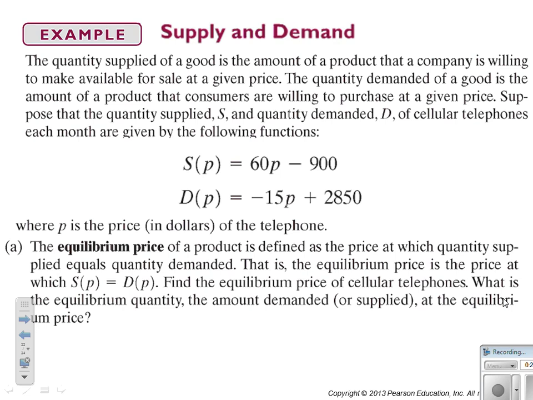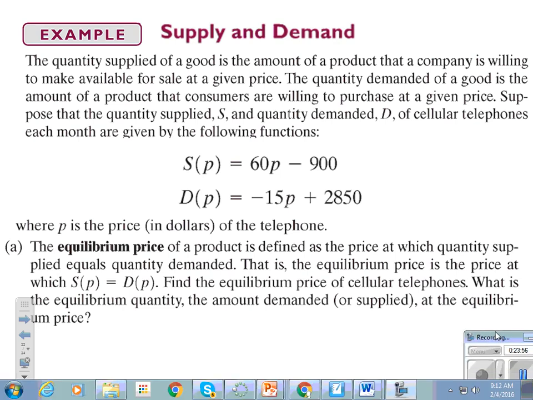Suppose that the quantity supplied S and the quantity demanded D of cellular telephones each month are given by the following functions. S of P equals 60P minus 900, and D of P equals negative 15P plus 2,850, where P is the price in dollars of the telephone.